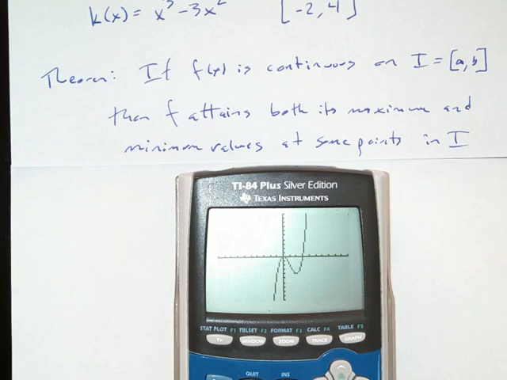We have a local maximum at 0, 0. We have a local minimum at 2, negative 4. We already worked those out on the calculator. What did we use our derivative to find? In all of the stuff we've been doing, all of the stuff on the review sheet, we're actually asking you to use the derivative. What am I asking you to find?